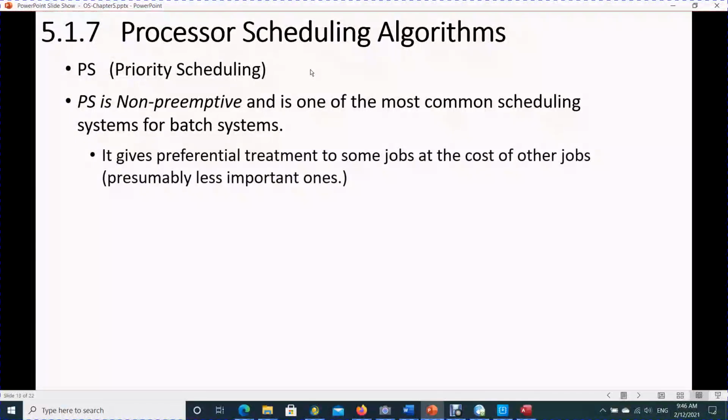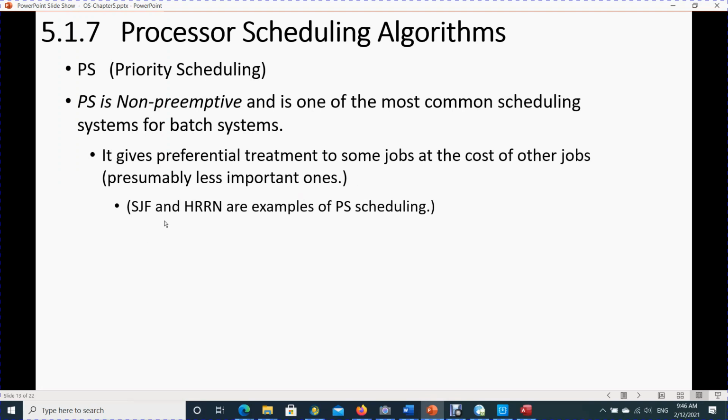With priority scheduling, you're dealing with a non-preemptive system. It's one of the most common systems used for batch processing. The idea is to give preferential treatment to some of the jobs and lower priority to the other less important ones.